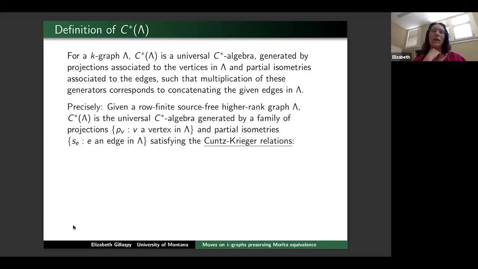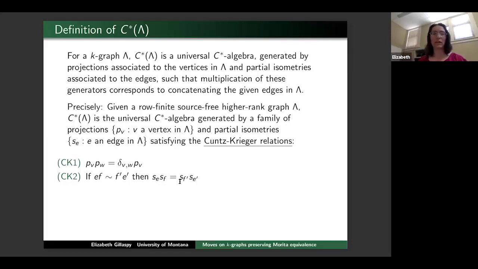So for example, we require that the vertex projections are mutually orthogonal. If we had a red-blue path, say F is red and E is blue, that's equivalent to a blue-red path, so E prime is blue and F prime is red, then the product of those two generators on the left should be the same as the product of the two generators forming the right-hand part of that square.